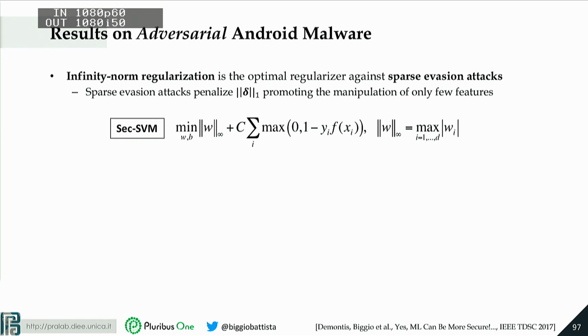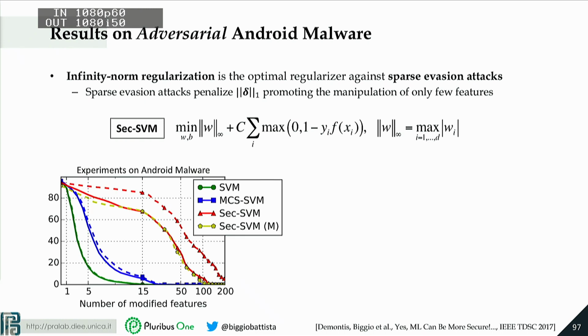And then the dual norm of the sparse noise is the infinity norm. Therefore, according to this robust optimization approach, this classifier that penalizes the weights using the max norm should be the optimal response against sparse perturbation of your data points.